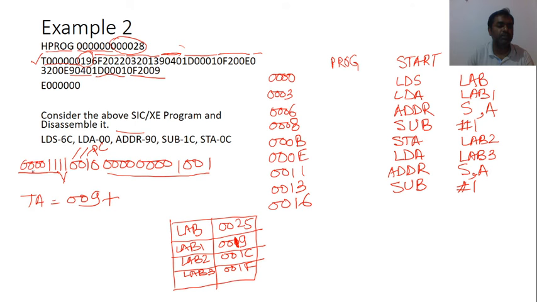The instruction is 0C. 0C corresponds to STA, so it is STA. If I am taking this instruction as format 3, the next address will be 0019. So the content of PC will be 0019. If I just add this, you will get 0022.